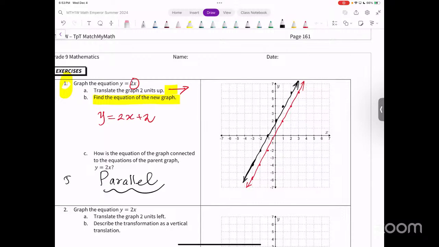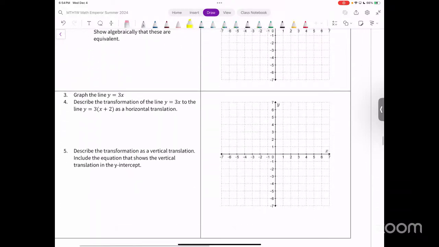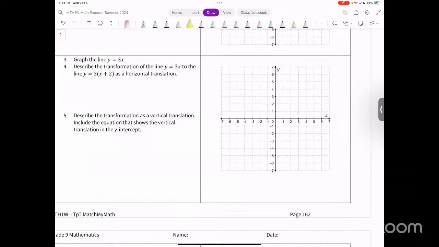They are parallel. Why are they parallel? They both have the same slope. Did you guys see that? Do we have the same slope? So when we have the same slope for two linear relations, they're going to be parallel. Are you guys following that? Yeah. All right.